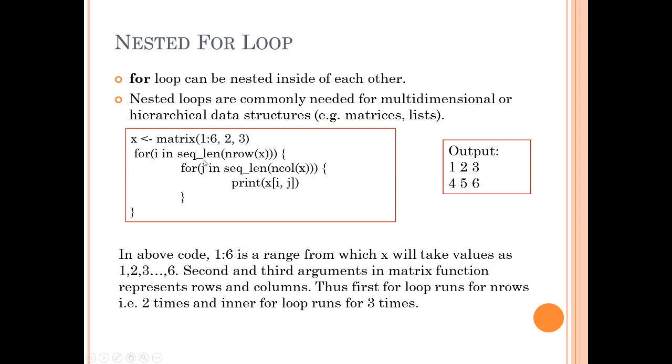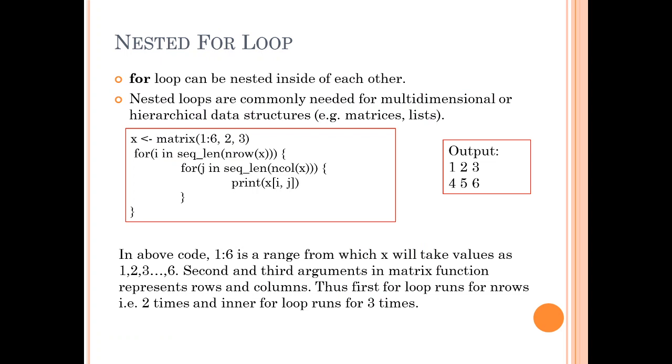Now we'll see how to do it. See here, there is another function named sequence length. Here we are given nrow of X. So in our matrix X, how many rows are there? nrow will calculate that it has 2 rows, and that 2 will be taken by this sequence length function.